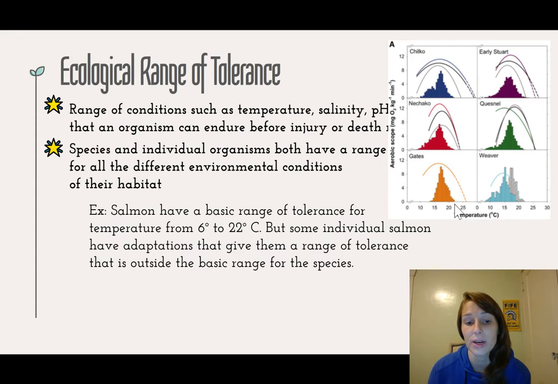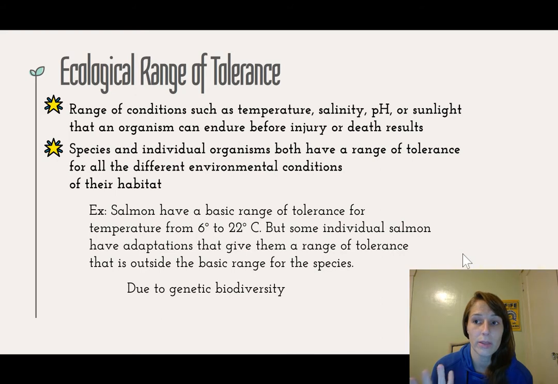And this represents different individuals in the species that have their own adaptations that give them a slightly different range than what you might see of the general average. And so as a whole, all of these are types of salmon, so salmon as a whole are going to have quite a range.